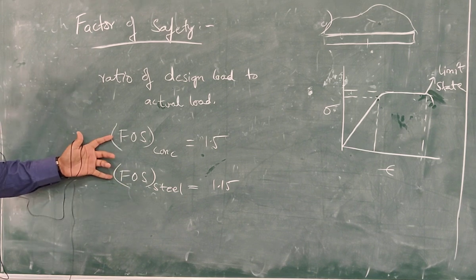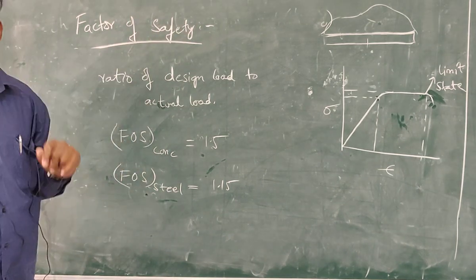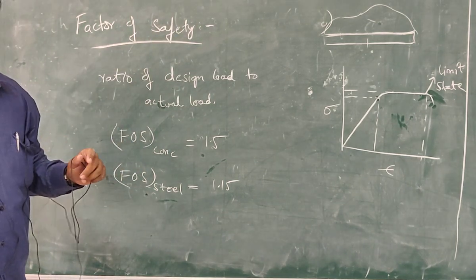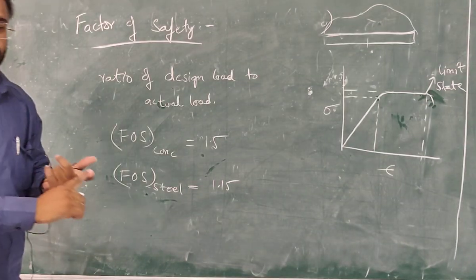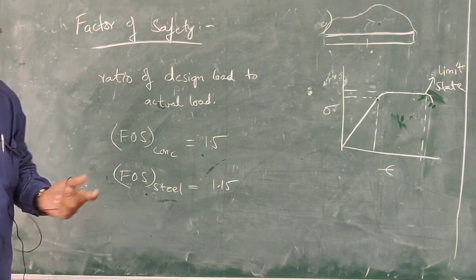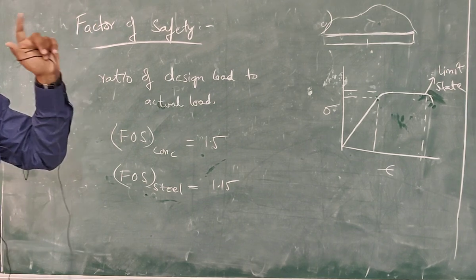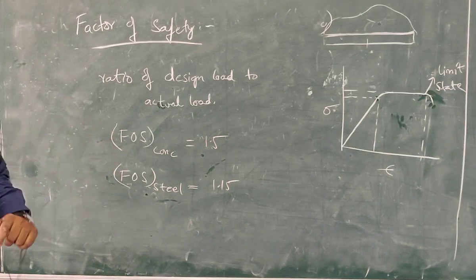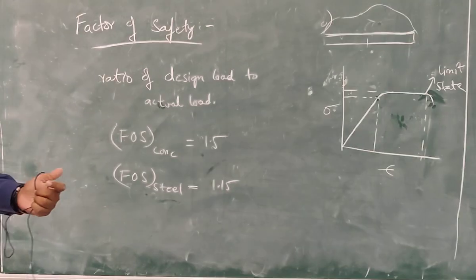Why this is given is, steel is manufactured in companies or factories where perfect conditions are maintained. For steel you require perfect temperature, perfect compaction, everything is maintained. But concrete is manufactured on site.